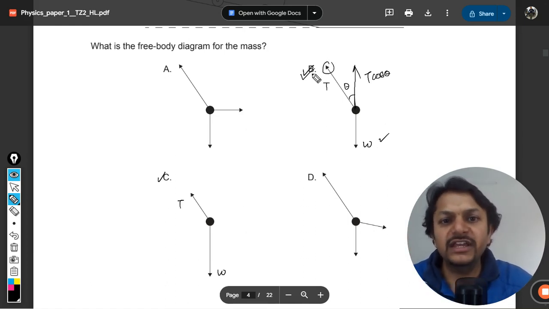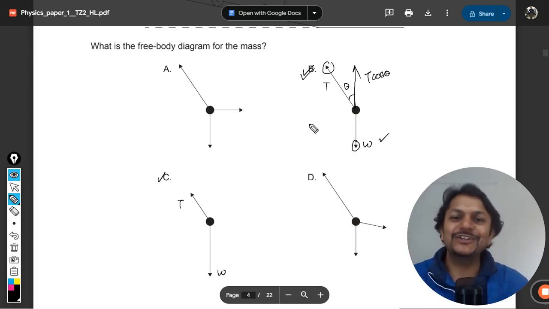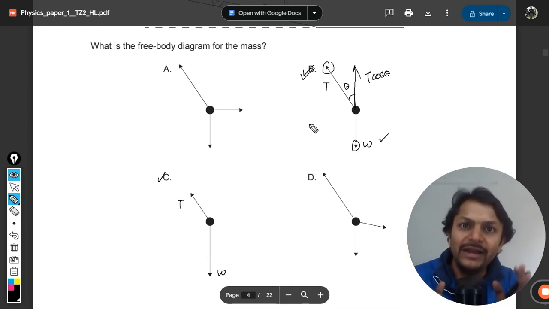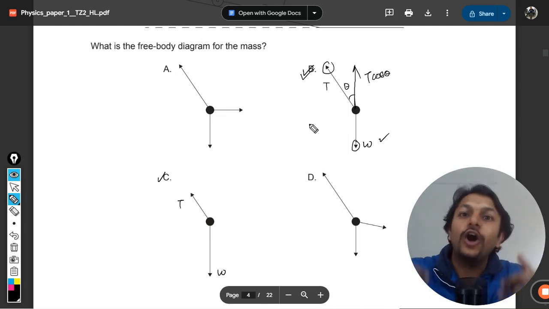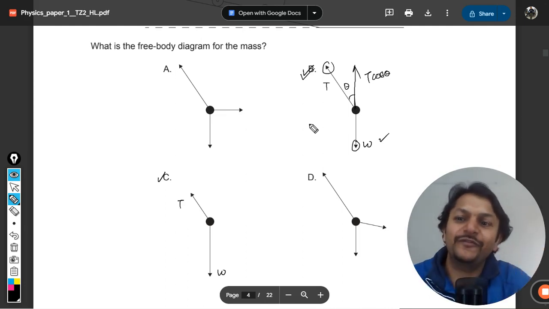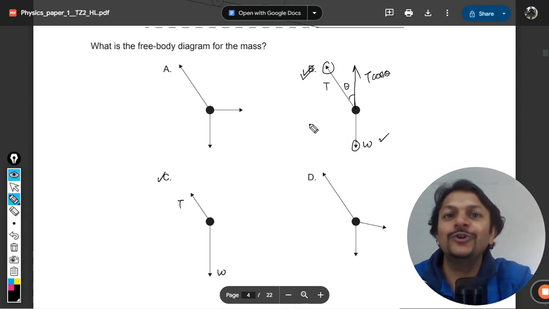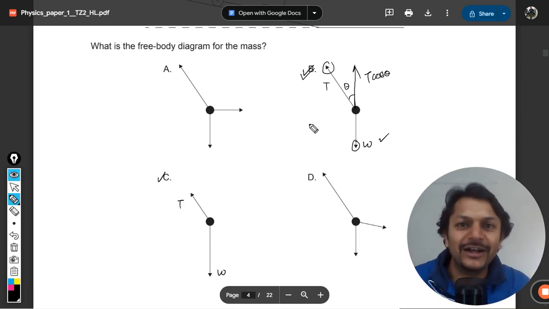Obviously, this tension T has to have more magnitude than the weight W, and that is why the answer will be B. So this is how we do this question. My dear students, please do not get confused. I have used this opportunity to explain the phenomenon named pseudo force, although that concept is actually not used in solving this question. So please beware, and the answer should be B.